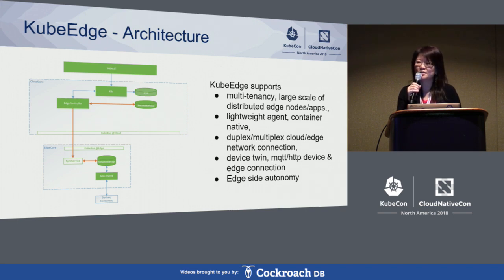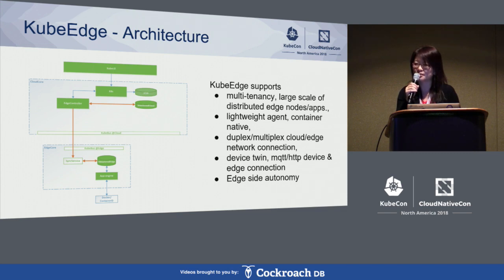For the network infrastructure, we support multiplex connection. For the connection, we use WebSocket to build the connection between the edge node and the cloud. After that, we keep on tracking the connection health and heartbeat.